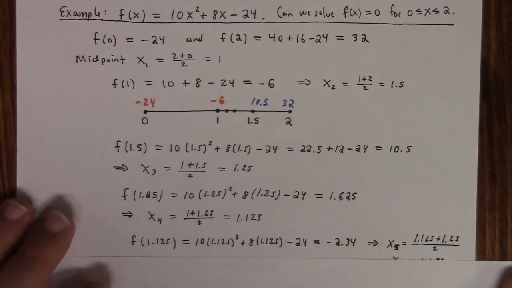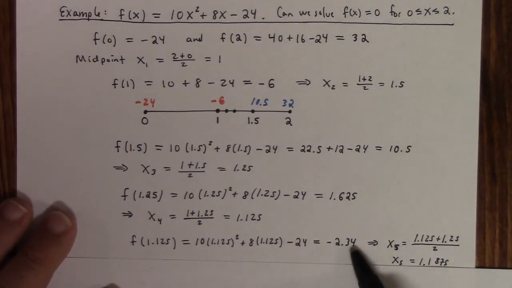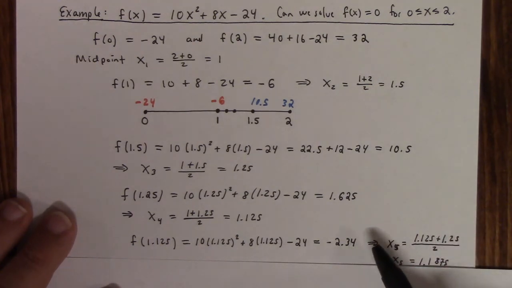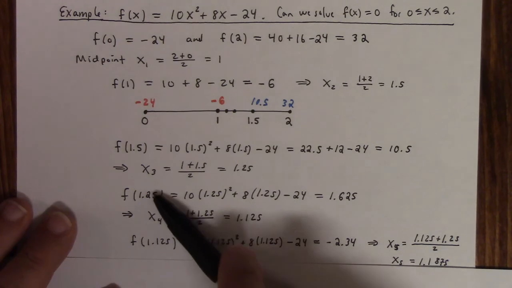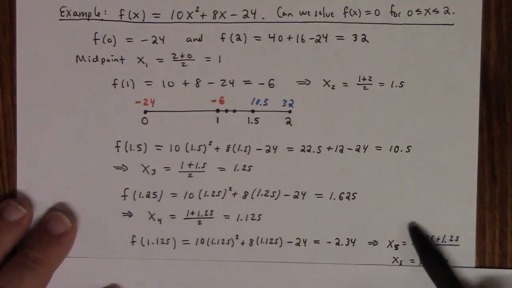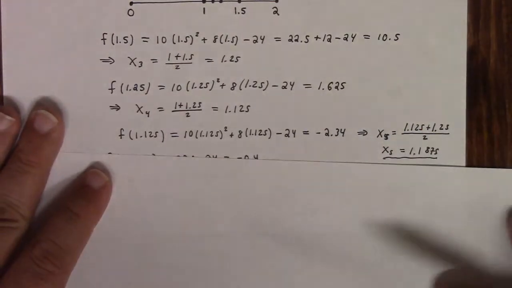I evaluate the function at 1.125. I get minus 2.34. Aha! So there's a sign flip between 1.125 and 1.25. So I'm going to take the midpoint of those guys. I'll just scooch this up a bit here.